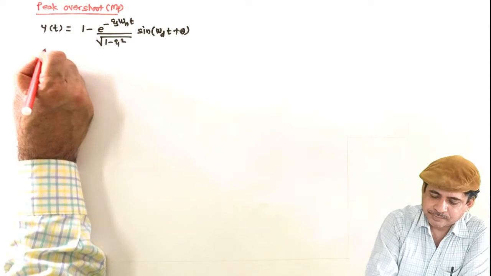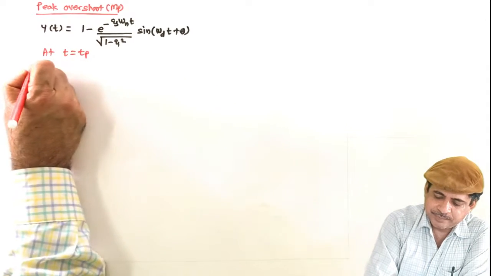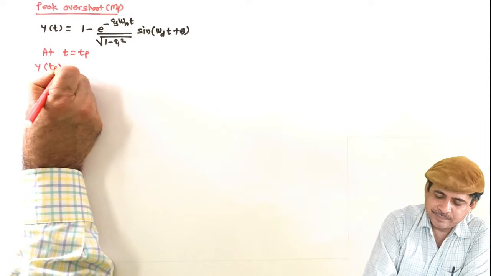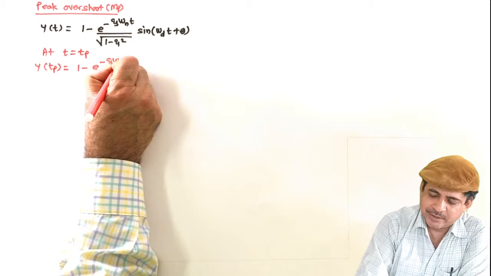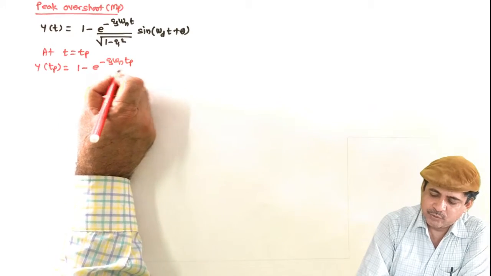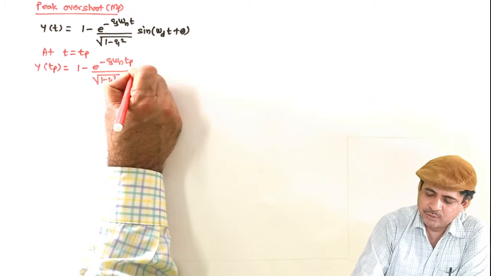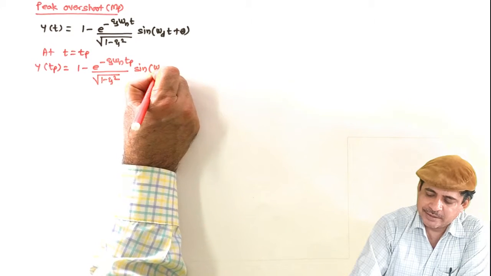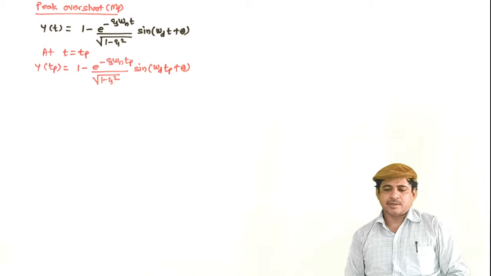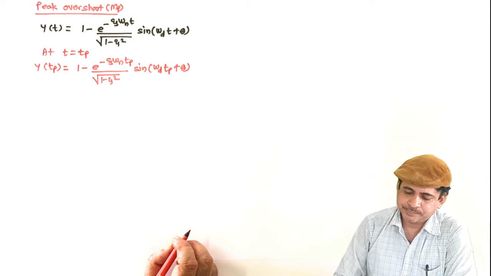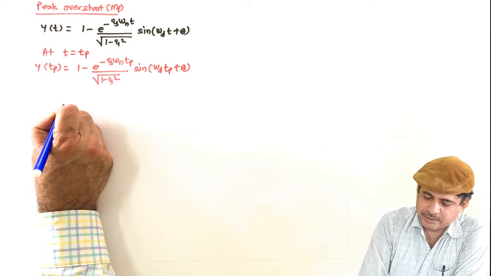And here, at t equal to Tp, y of Tp will be equal to 1 minus e raised to minus zeta omega n Tp upon under root 1 minus zeta square into sin omega d Tp plus theta. This we are doing because MP occurs at Tp. And that is nothing but, now let us substitute the value of Tp.